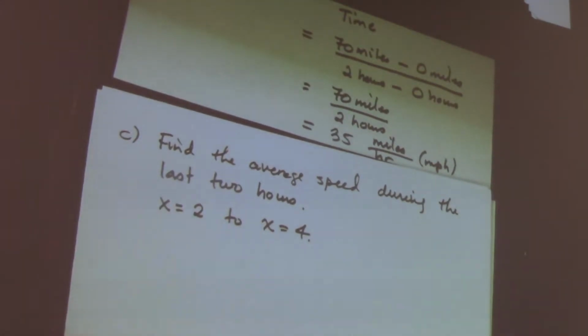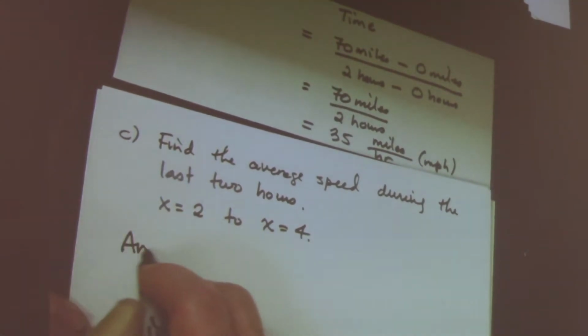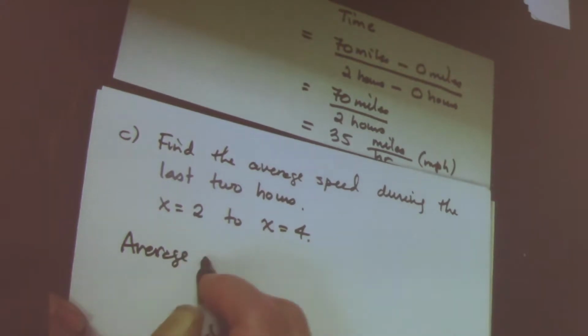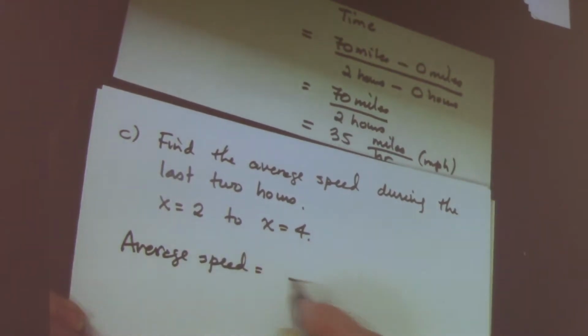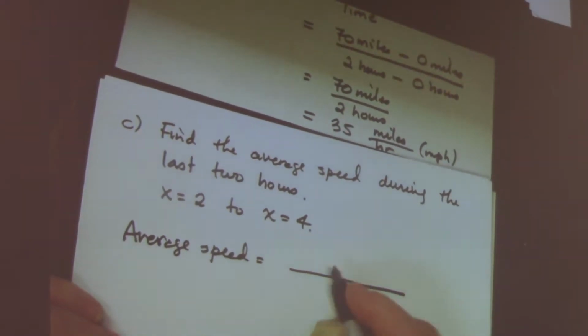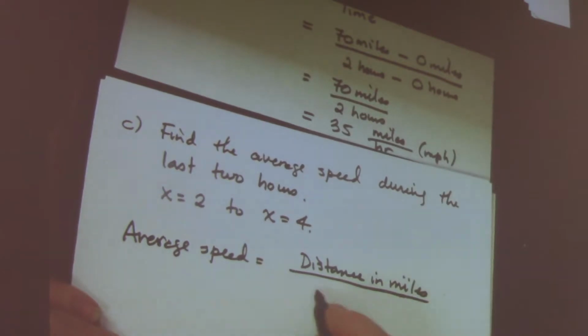Okay, so again, average speed is the total distance in miles divided by the total time in hours.